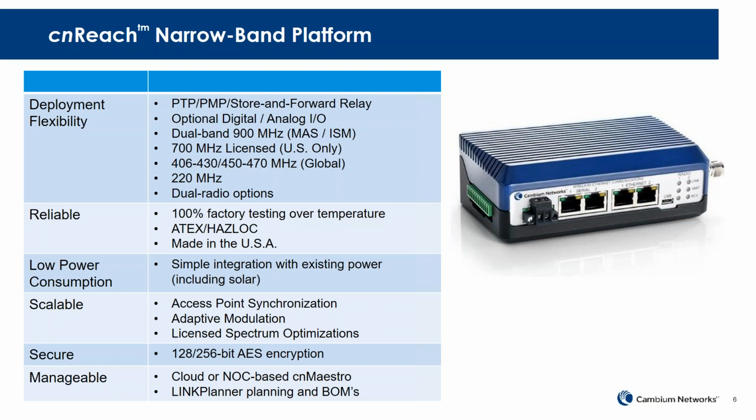And then security, we continue to add security features to the product. It supports AES encryption and secure management interfaces like HTTPS and SNMP version 3. So the security is also sort of baked in. And then management, we'll talk about how cnReach is now available to be managed by cnMaestro, as well as planned in Link Planner.